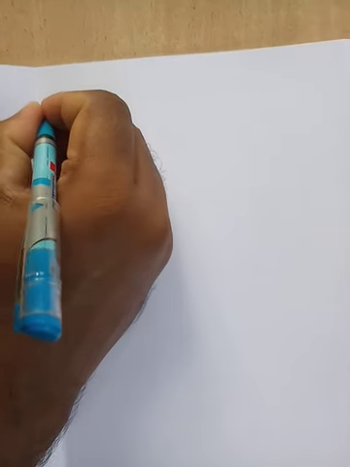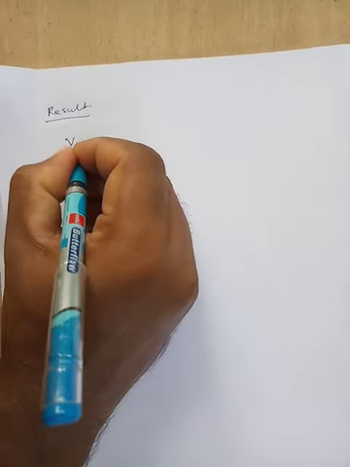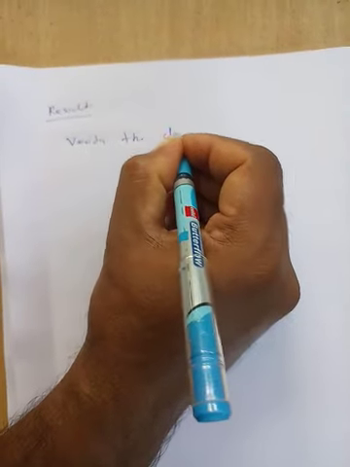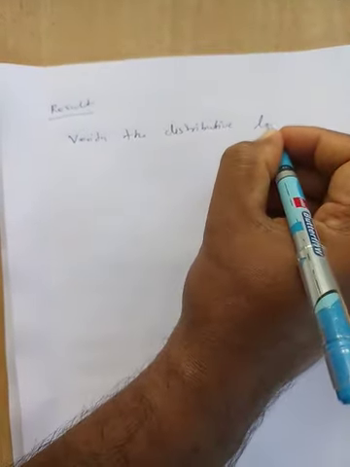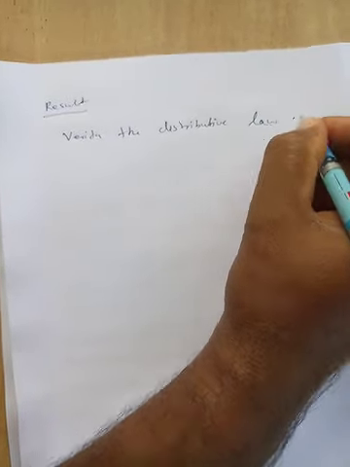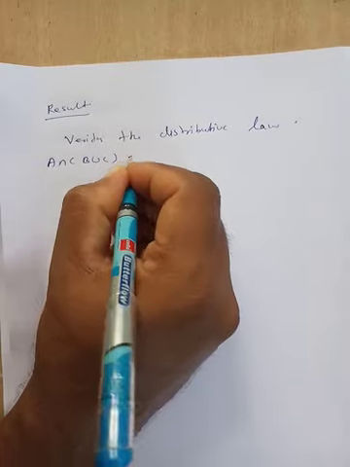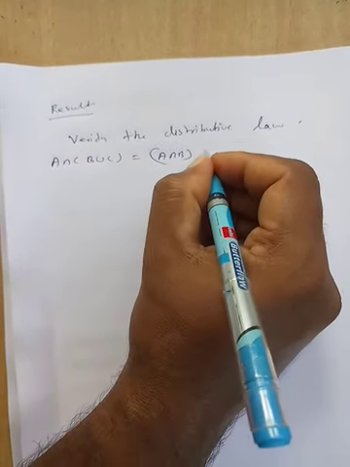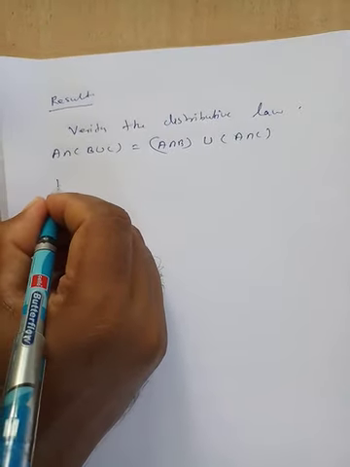And result for Venn diagram: verify the distributive law A ∩ (B ∪ C) is equal to (A ∩ B) ∪ (A ∩ C) by Venn diagram.